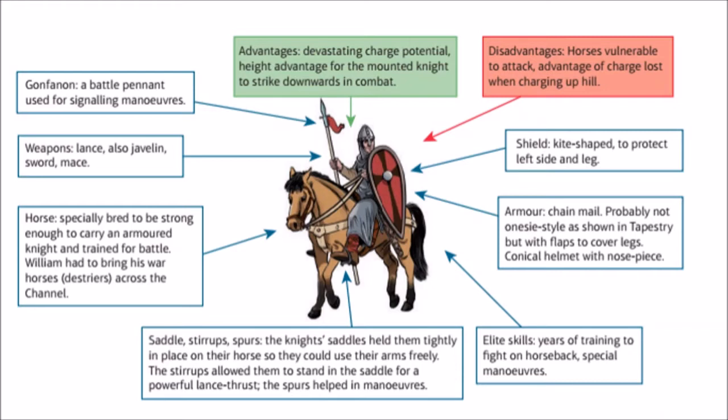And horses, when they're charging uphill against a shield wall, lose their advantage. In fact, at the Battle of Hastings, as you're going to see, the knights found it very difficult to break through Harold's shield wall. So even with those horses, they would have struggled with the shield wall. Okay, so two soldiers, two very different types of advantages and disadvantages.